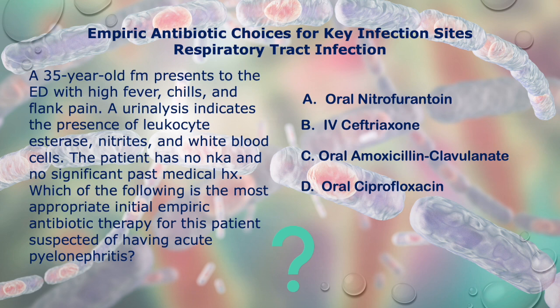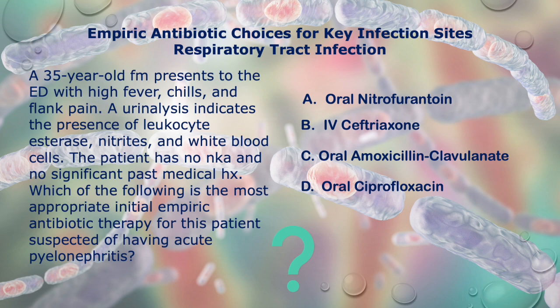A 35-year-old female presents to the ED with high fever, chills, and flank pain. A urinalysis indicates the presence of leukocyte esterase, nitrites, and white blood cells. The patient has no known history of allergies and no significant past medical history. Which of the following is the most appropriate initial empiric antibiotic therapy for this patient suspected of having acute pyelonephritis?